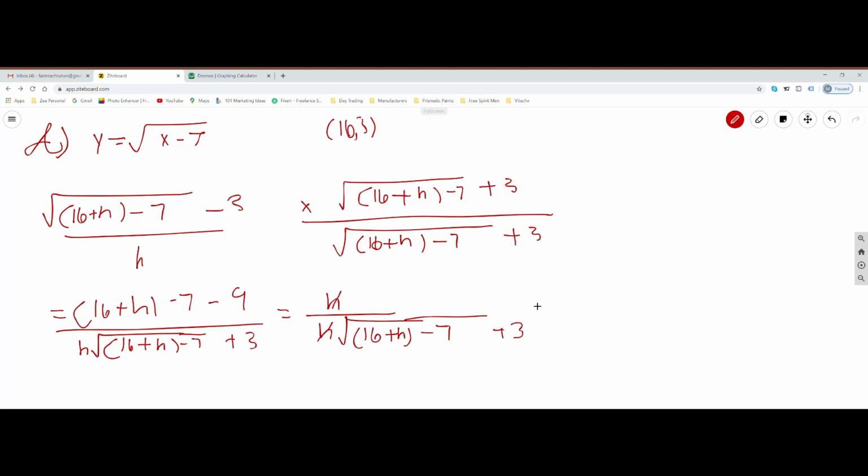So these cancel and you're left with 1 over square root 16 plus h minus 7 plus 3 equals 1 over square root 16 plus 0 is 16. 16 minus 7 is 9. Square root of 9 is 3. 3 plus 3 is 6.